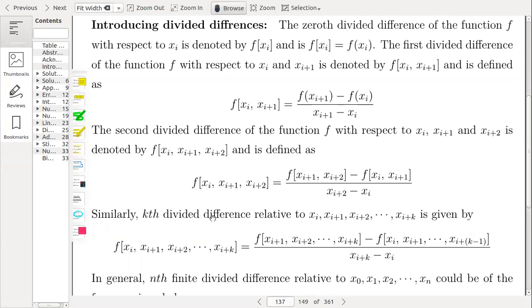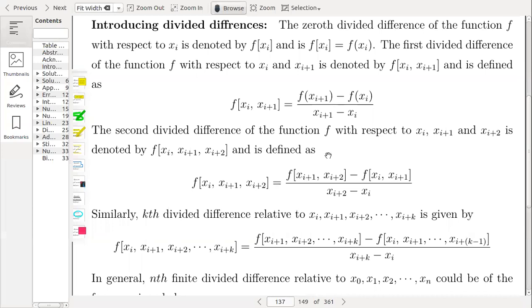Similarly, if we want to calculate this divided difference, keep in mind that this is the first order divided difference for the points xi and xi+1. So if we want to calculate this second divided difference, we will make use of the first divided difference in it.